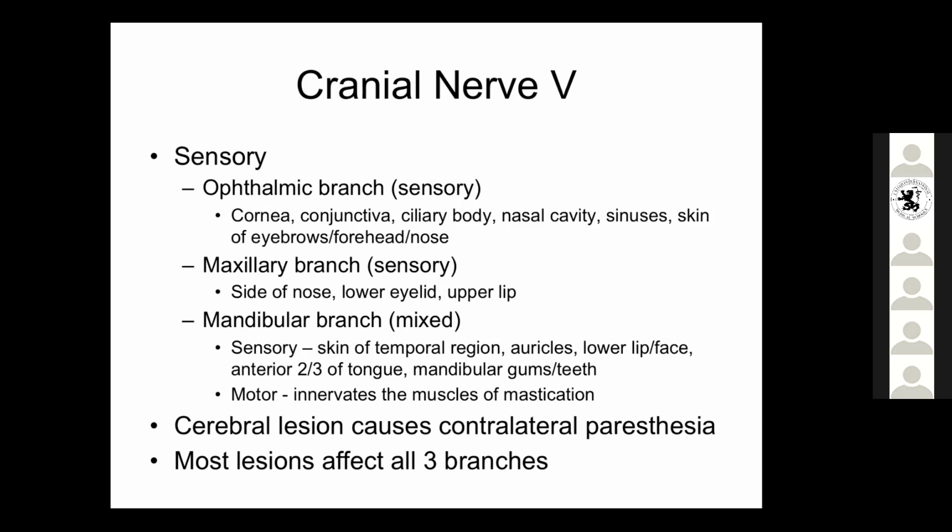We ask if they're able to move their jaws and masticate. If there is any lesion, it will cause paresthesia on the opposite side. And most lesions affect all 3 branches.